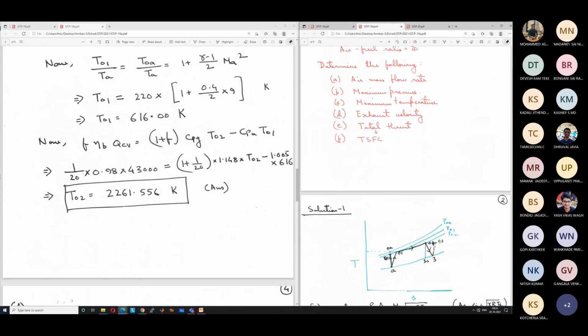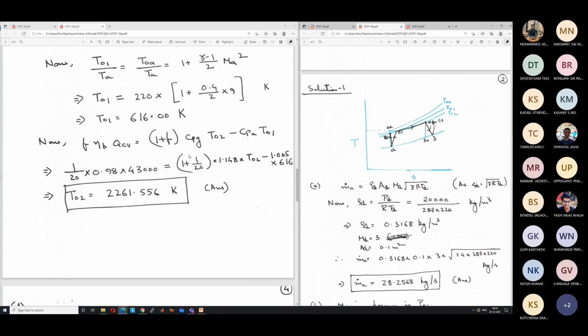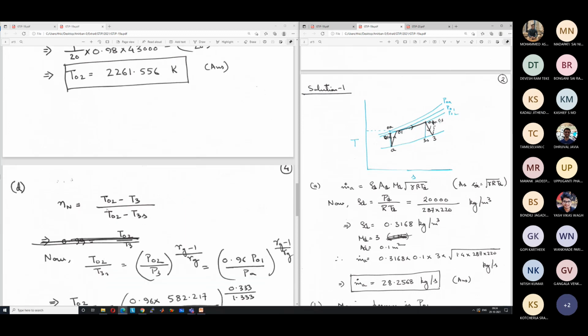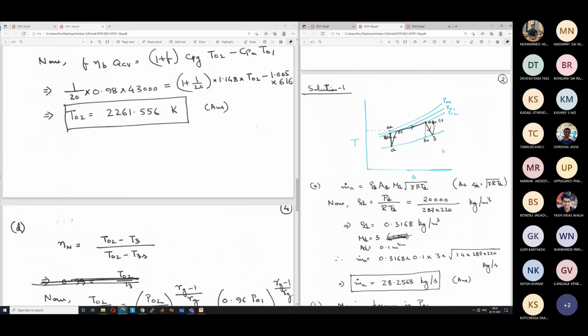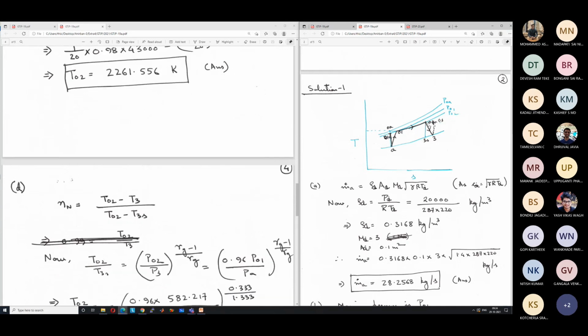Next is the exhaust velocity. To find the exhaust velocity, what will we do? We will use the nozzle efficiency. That is standard. We know already how to do it. So nozzle efficiency is T02 minus T3 by T02 minus T3s. Now we can calculate T02 by T3s because P02 pressure is known. What is the value of P02?